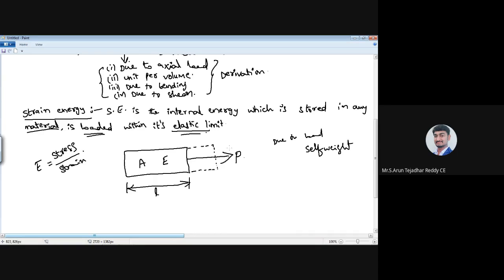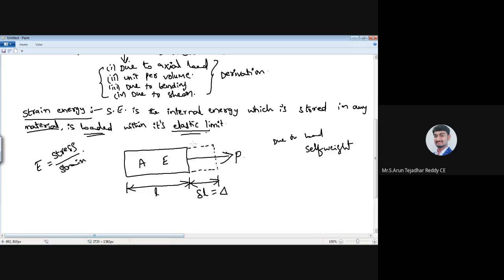What is the meaning of this? Here we are applying the load within the elastic limit only, and within the elastic limit only you will get some changes. This is the original length, but due to this load you will get some deflection, called delta L, or you can take it as delta.